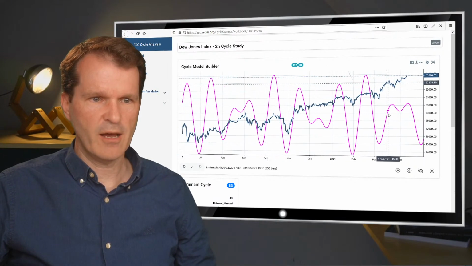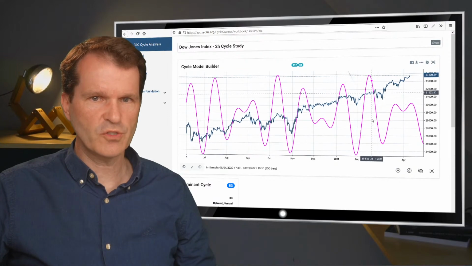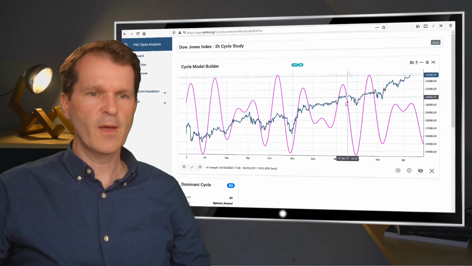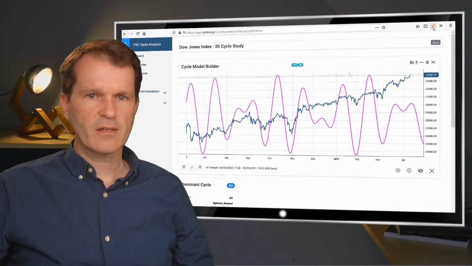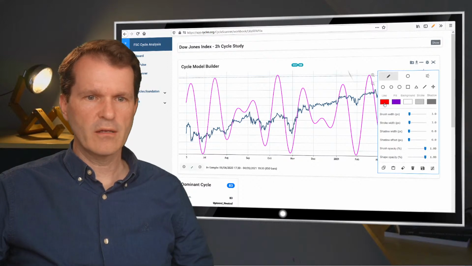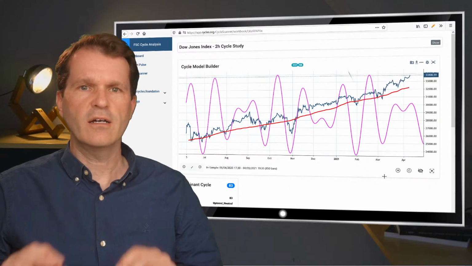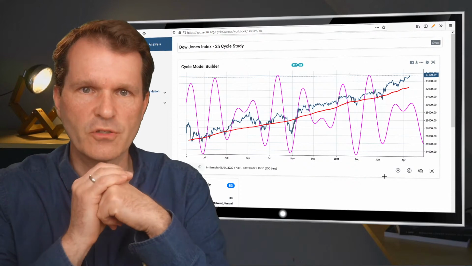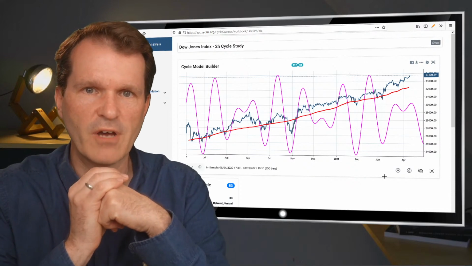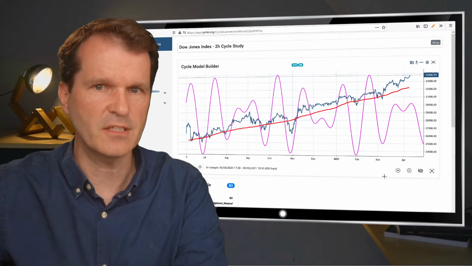Okay, so the whole data set which was used here for this analysis is just following a simple uptrend. So our cycle projection is always using a detrended version of the data you have uploaded or analyzed here.